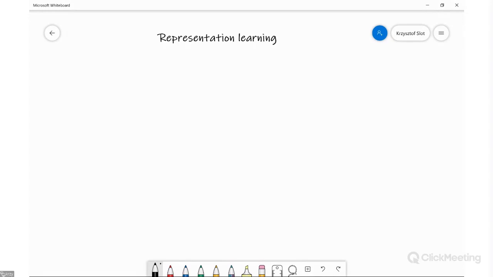So what is representation learning? We have some objects, image objects, we have some faces. And what we would like to accomplish is, because in any machine learning, sooner or later, we need to transform this information to some quantitative description, to some vectors.